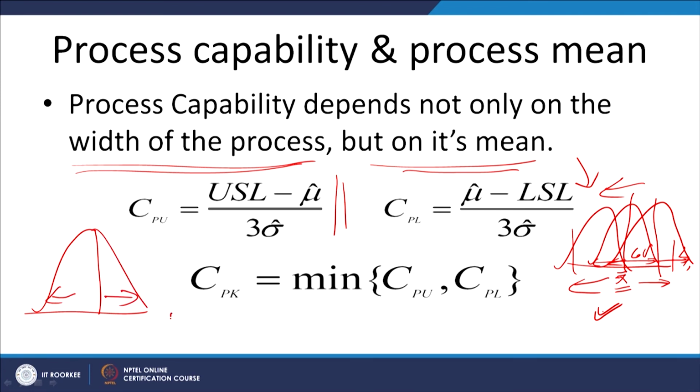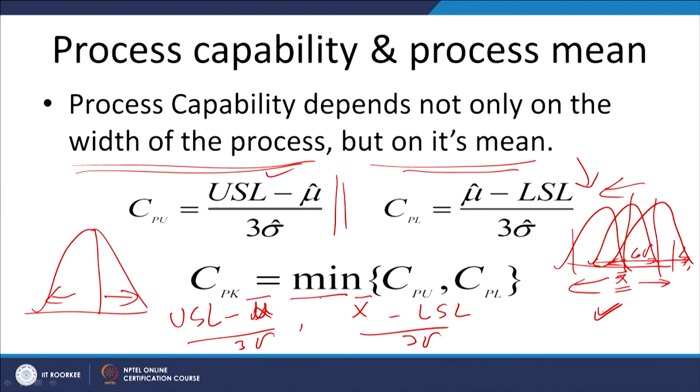value, like say upper specification limit minus the process average mu or the x bar, divided by 3 sigma. So, this is considering the upper specification limit. Likewise, x bar minus lower specification limit divided by 3 sigma.